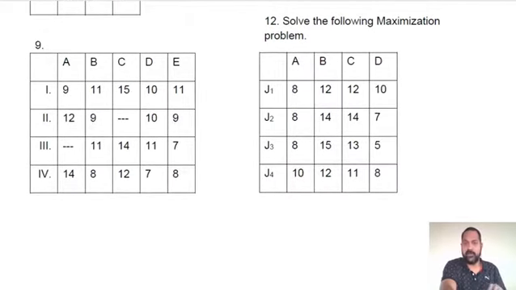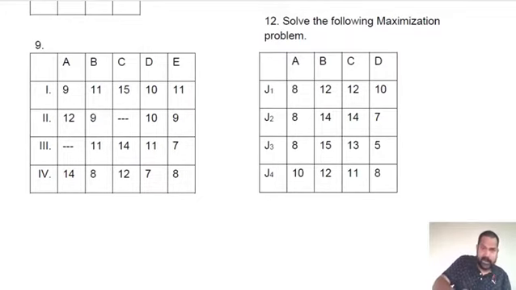What does the question say? Solve the following maximization problem. So you want me to solve the maximization problem? Clearly says. So let me do one thing. Let me write down the question. What is the question? Well, the question is A, B, C and D, J1, J2, J3, J4.